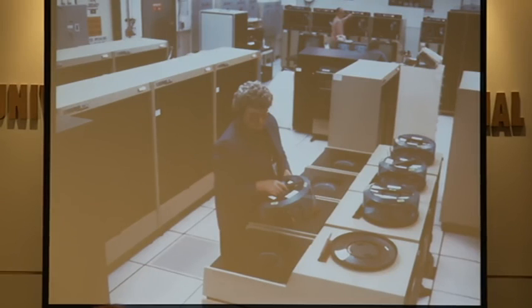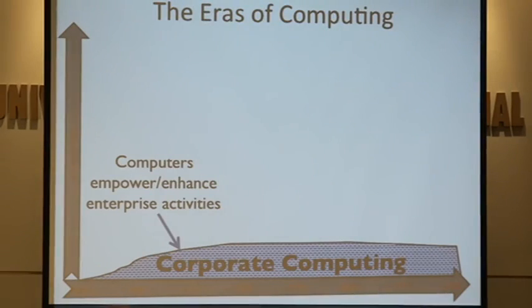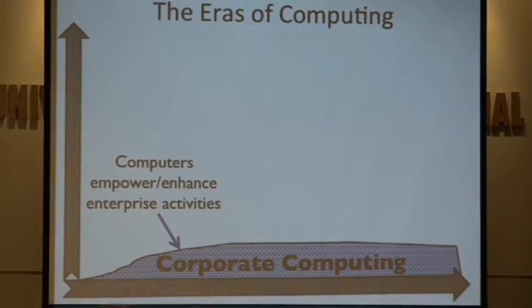So in the first era of computing, computers were big, giant machines and very, very expensive. And because of that, they were really only used by large organizations, corporations, governments, large universities. Those were the only places that really had access to computers.